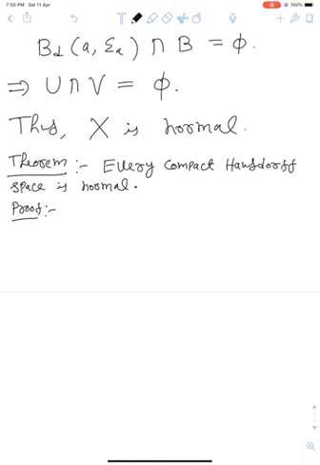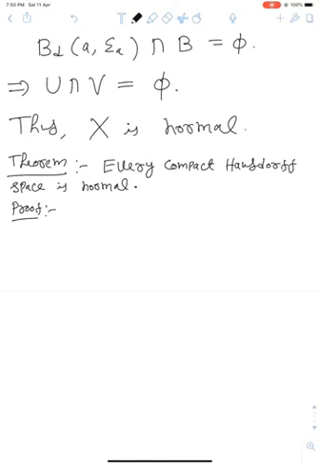Now since it is Hausdorff, we can prove that singleton sets are closed, right? So that property is trivial. Now we need to check only the second property, that for any two disjoint closed sets, we will have two disjoint open sets containing them, right?